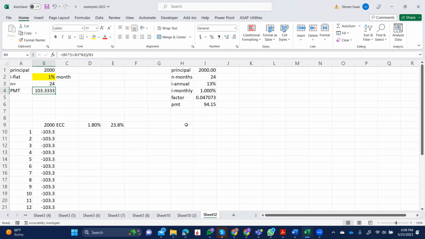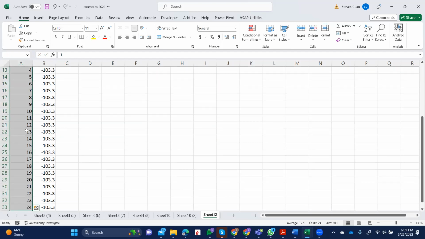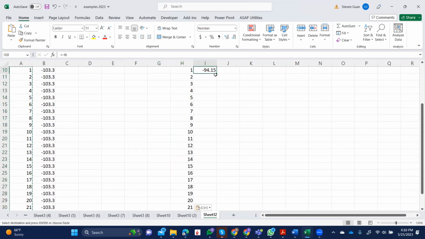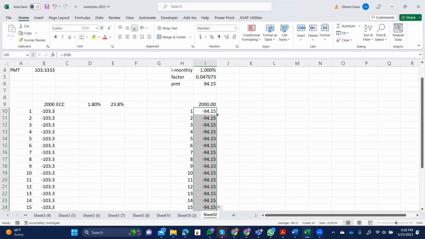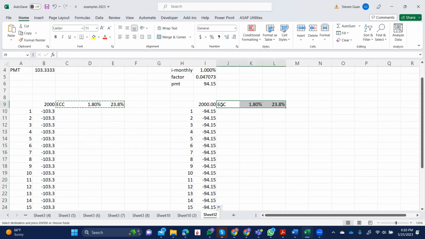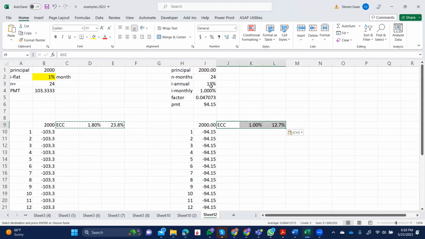So let me copy this. This one here is equal to the negative of this one here, and then I can compute this one here. If you're working in a world of compounded interest rate, these numbers are exactly the same.